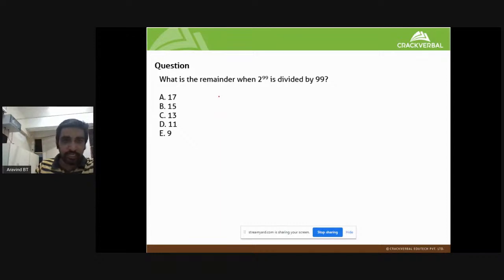We'll try to develop the cycle, right? And you'll see that the cycle is fairly long. So let's start with 2 power 1, divided by 99. Remember, the divisor will always be 99, so I don't have to keep writing it. So 2 power 1 by 99 is 2.